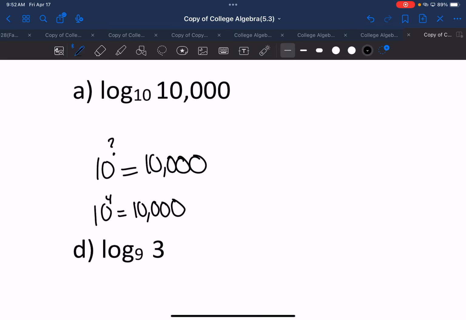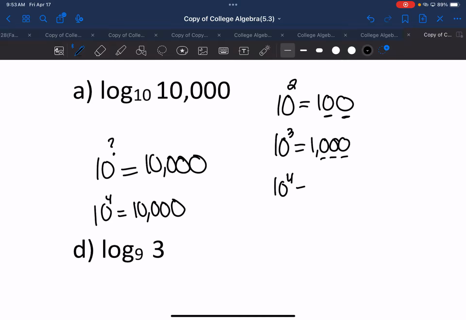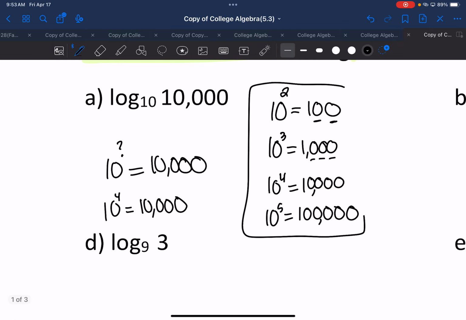If I take 10 and I square it, what's 10 squared? 100. Notice there are 2 zeros here. What's 10 cubed? 1,000. Notice there are 3 zeros. 10 to the 4th has 4 zeros, 10,000. 10 to the 5th has 5 zeros. So every time you raise it to a higher number, it just adds another 0 to it. So that's one way you can remember that. Or you could just use your calculator.